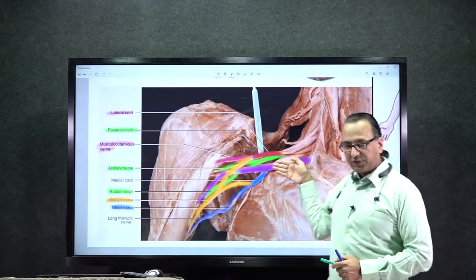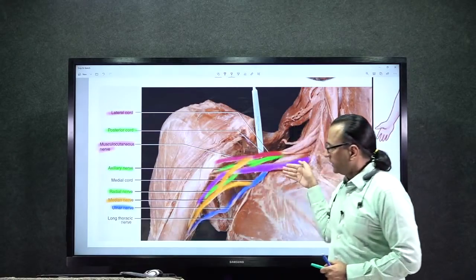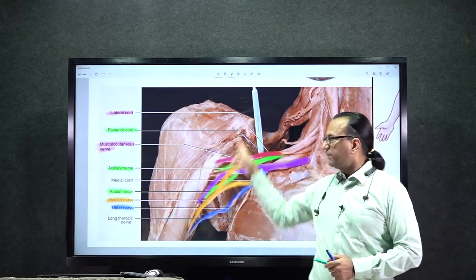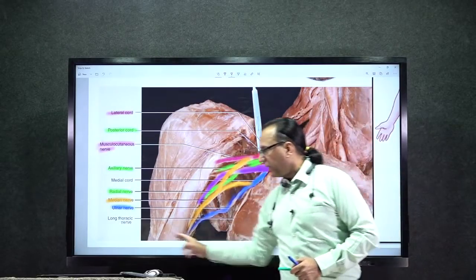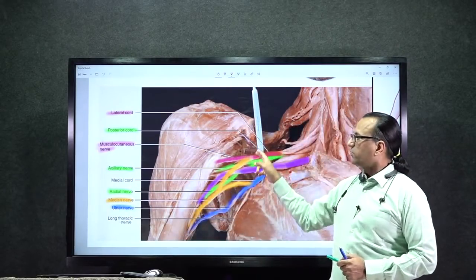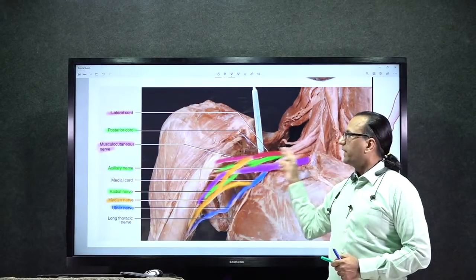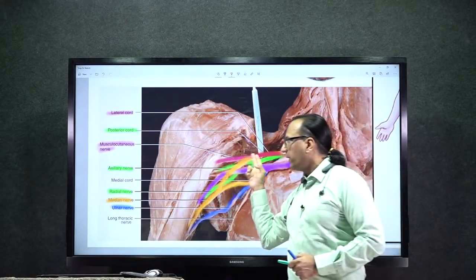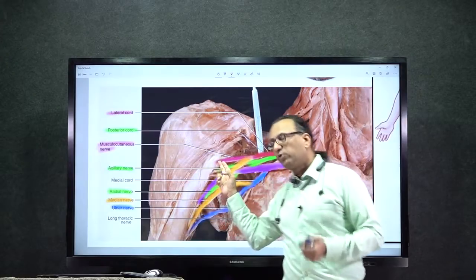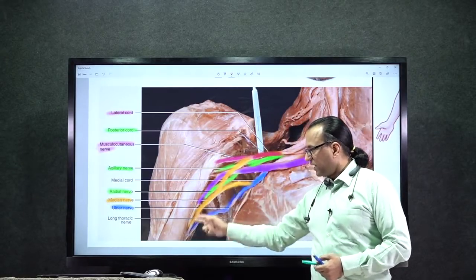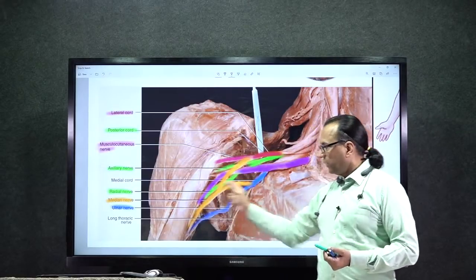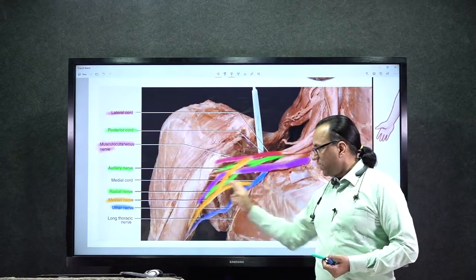The subclavian artery, which is going to become the axillary artery, will be related to the three cords of the brachial plexus. If it is medial to the artery, it is the medial cord continuing as the ulnar nerve. If it is lateral to the artery, then it is the lateral cord of the brachial plexus, which is not only continuing as the musculocutaneous nerve but also contributing to the median nerve. The median nerve, which is lying in front of the axillary artery, is also contributed from the medial cord.